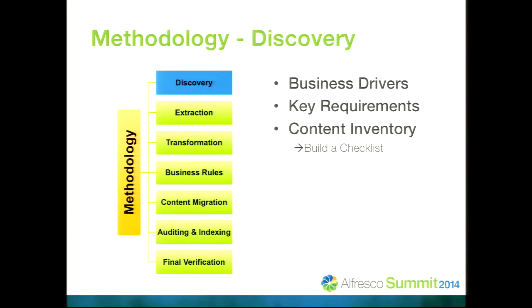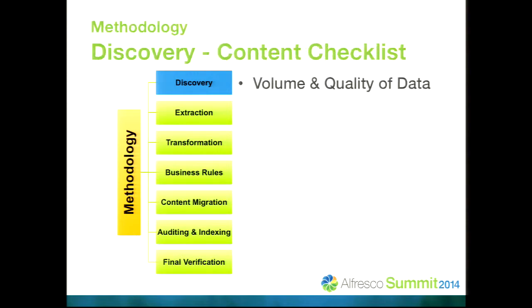And then you need to create a content inventory or a migration inventory. Really, it's just a checklist. So in that checklist, you want to understand how much volume you have in terms of data, and also the quality of that data. The quality of the data is the quality before your migration, so how it looks in your source systems, and how it should actually look in your new target system, so that there's a mapping that needs to happen there.